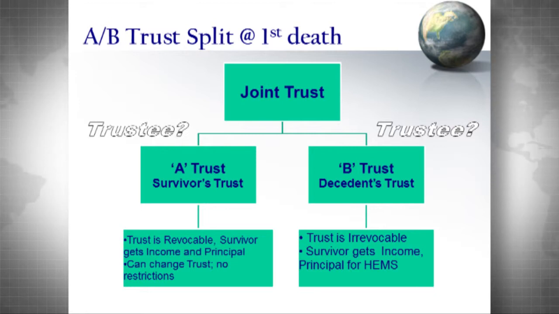What also happens at the first death is that the beneficiaries of the B trust that were in place at the time of the first death now have a vested interest in that B trust, because they are one heartbeat away, the surviving spouse's last heartbeat, from receiving that B trust and the assets that are in the B trust. So the trustee has a duty to report to the beneficiaries of the B trust.